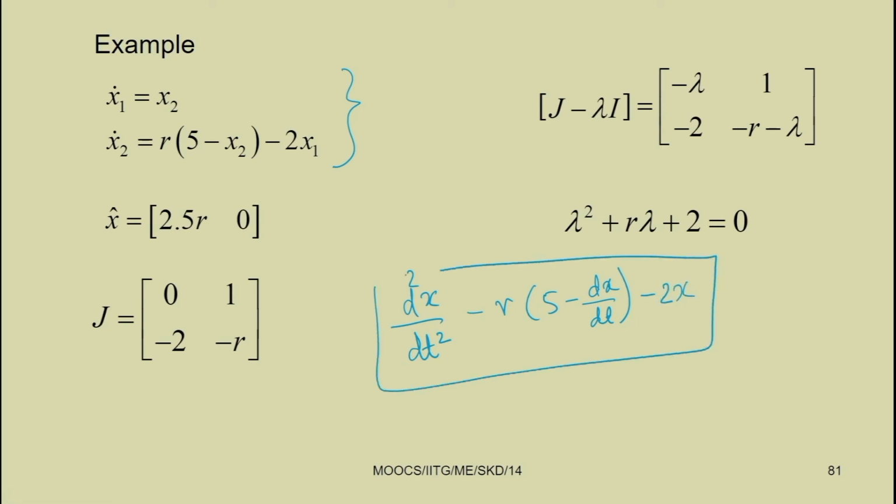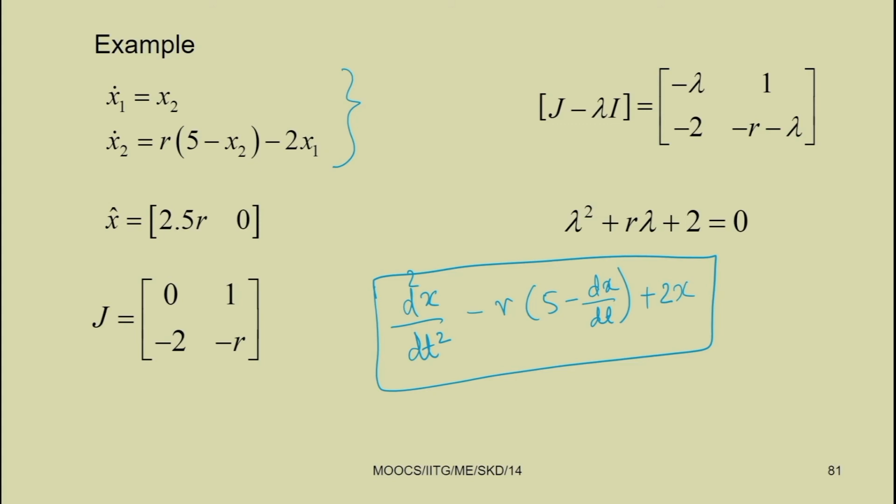So, this second order equation is written in terms of two first order differential equations, that is x1 dot equal to x2 and x2 dot equal to... we have taken this term to the right hand side, so the sign changes, and it becomes r into (5 minus dx by dt) minus 2x.